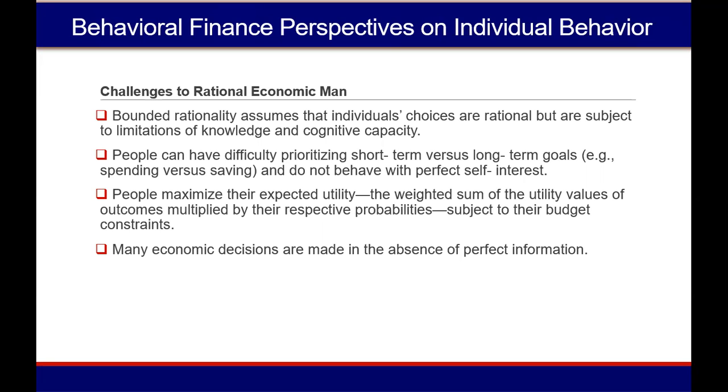Another issue is that though all information is available with the individual, it may not be possible to get the perfect decision because individuals are prone to cognitive error, prone to exhibit some emotional biases. So because of that limitation coming from knowledge, coming from the cognitive capacity, individuals do not always make rational decisions. And people have difficulty making the trade-off between the short term and the long term.